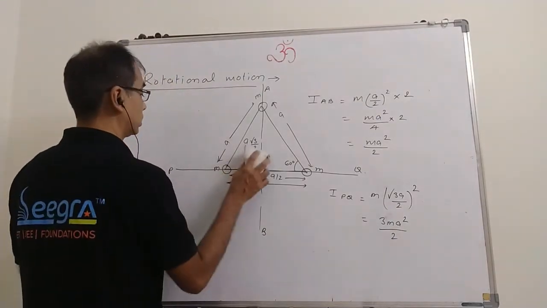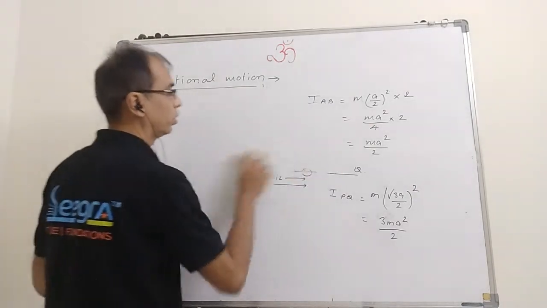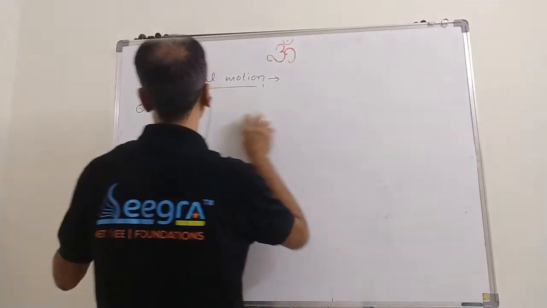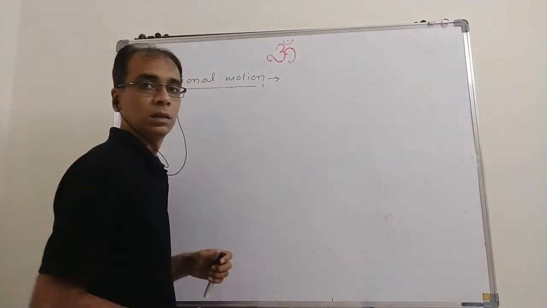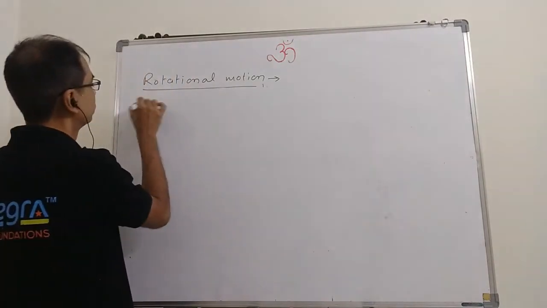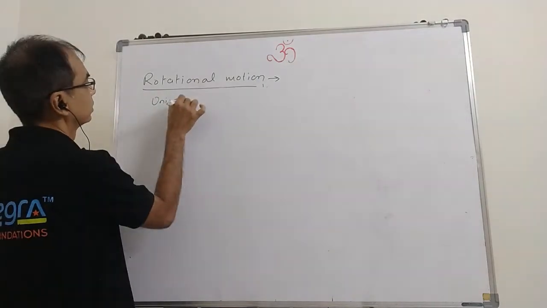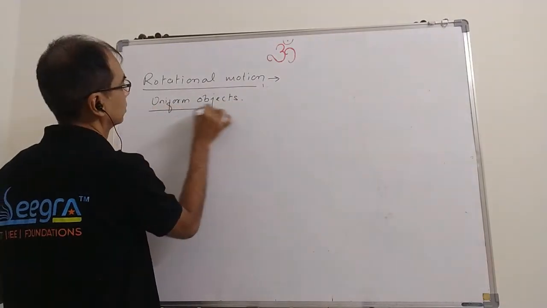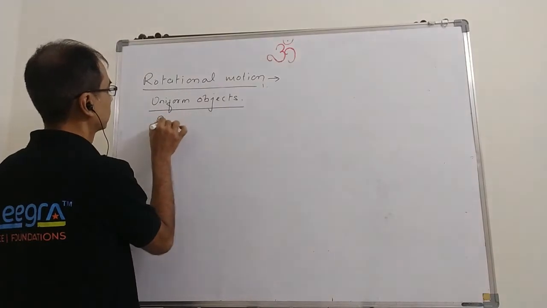But suppose there is a rigid body system, then how will you find the moment of inertia? Rigid body means a uniform body, like a rod. Moment of inertia for uniform bodies, uniform objects, like a rod.